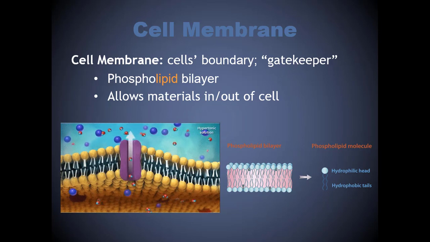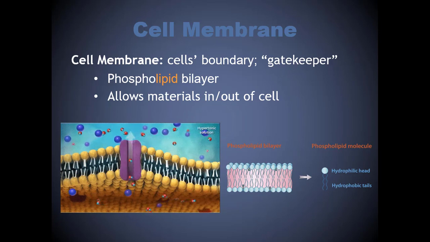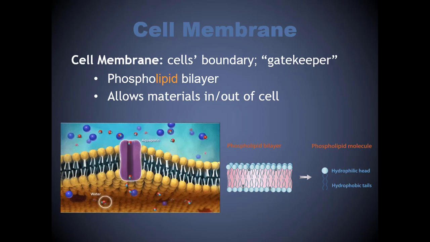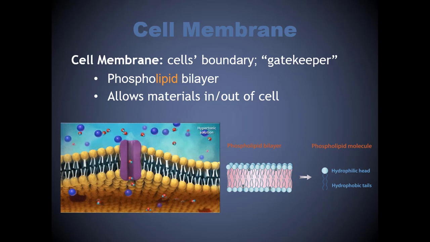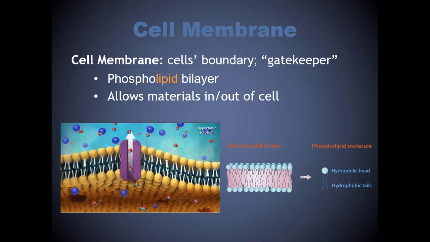They are specific for particular materials that must go in and out. Later on, when we are looking at the nervous system and respiration, you get to know that there are some proteins that transport particular types of ions. So sometimes we have the sodium gate, the potassium gate, the calcium gate, and so on. Those are proteins that transport particular types of ions in and out of the cell.